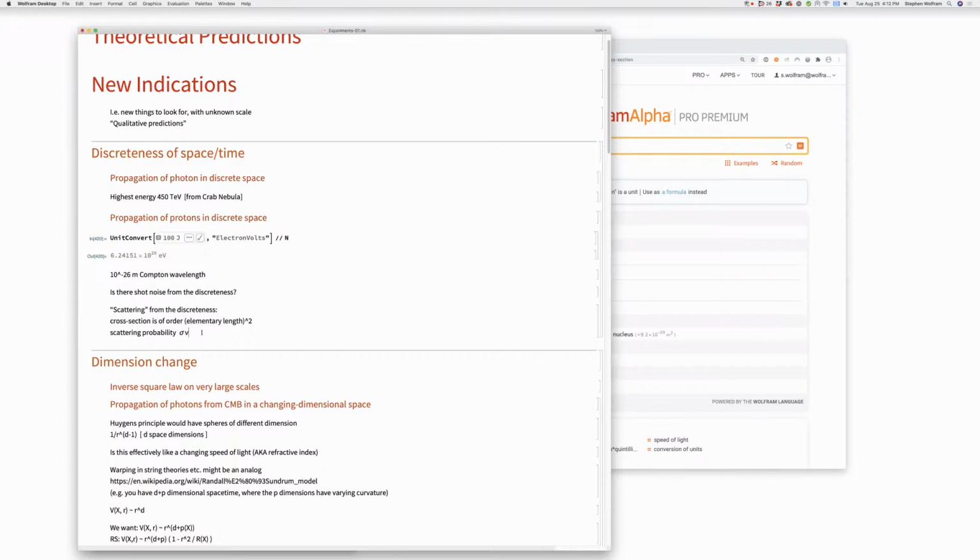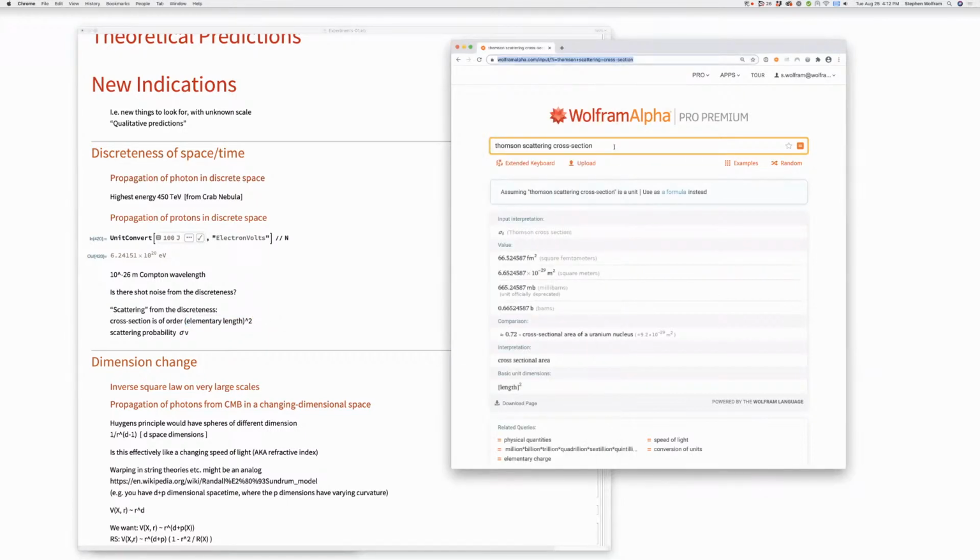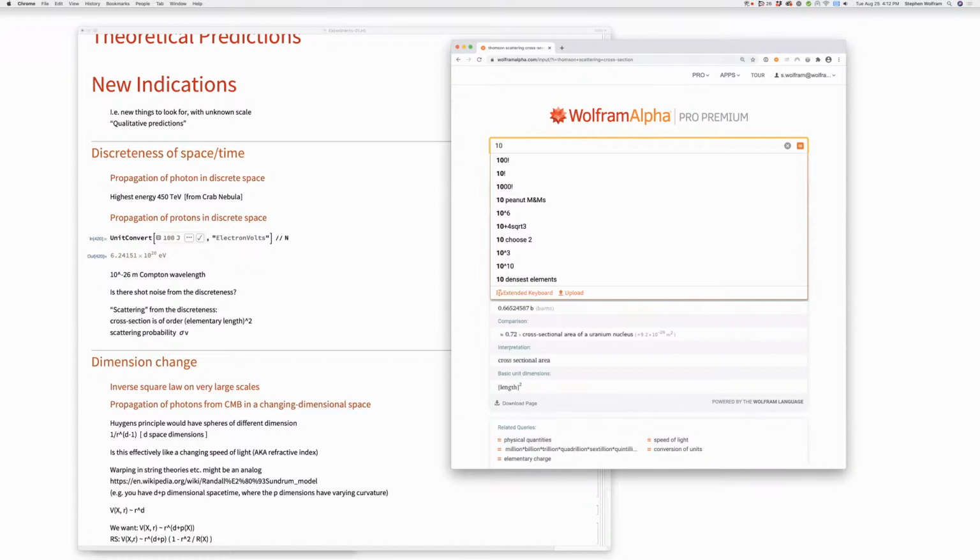Look, you think of a tube of particles. You think of a tube, and then you're asking the question: what is the probability of a scattering event when a particle goes across the universe? If the scattering cross section, you know what I'm talking about? Well, we could just work it out. Okay, so let's say the elementary length we reckon is like 10 to the minus 100 meters.